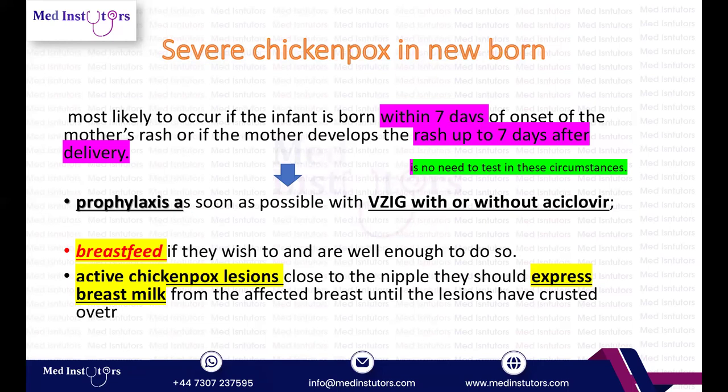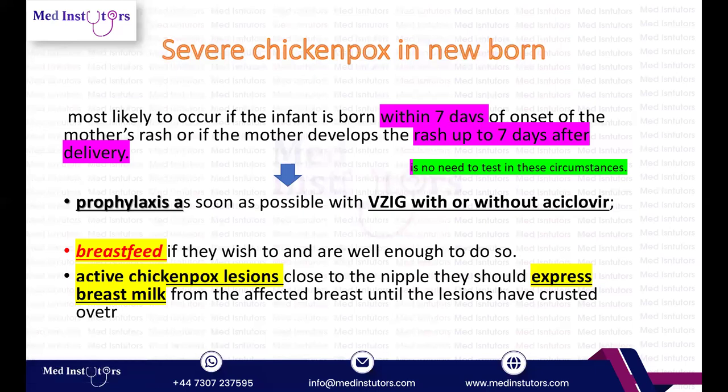So on the other side, the mother also gets better, plus she could develop antibodies which can protect the baby as well. So if this condition occurs, straight away give the baby prophylaxis as soon as possible with these immunoglobulins, with or without antivirals. And it should definitely be done in the presence of neonatologists and in consultation with them.